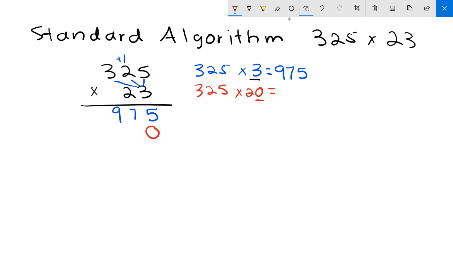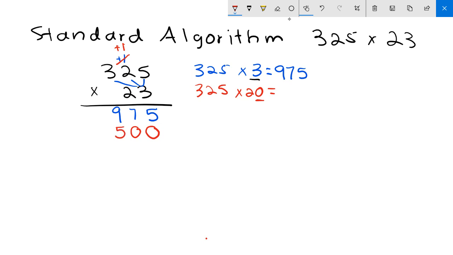Okay. Now I can move on to 2 times 5, 2 times 2, and 2 times 3. Okay, so I know 2 times 5 is 10. The 0 goes here, and I carry my 1. Do not get confused from this one. So I like to cross off that number and then plus 1 up. 2 times 2 is 4, plus 1 up here is 5.